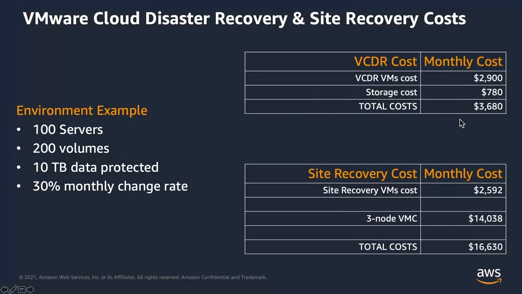Site recovery looks a lot more expensive, but as I said, we do need a VMware Cloud on AWS environment up and running, and that gives us a lot more than just dumb storage to which you're writing. So you have that environment up and running. For example, this one with 10 terabytes of data used and 100 servers.